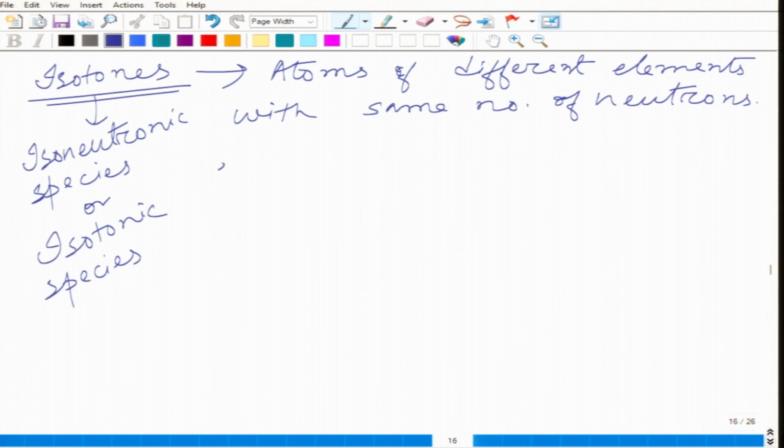So, examples of isotones. One is tritium, that is the isotope of hydrogen with a mass number of 3, and another is helium. Okay. So, tritium has number of protons and electron 1 and number of neutron is 2.